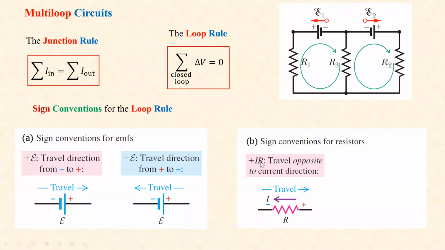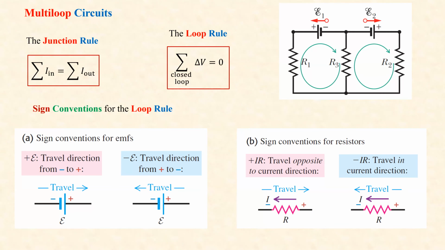So you consider the potential difference of positive I times R, if I is going through the resistor and its resistance is R. And if you go in the opposite direction, meaning going in the direction of current, you consider negative IR, because you're going in the direction of current, the current goes in the direction of lower potential, so you're losing potential.